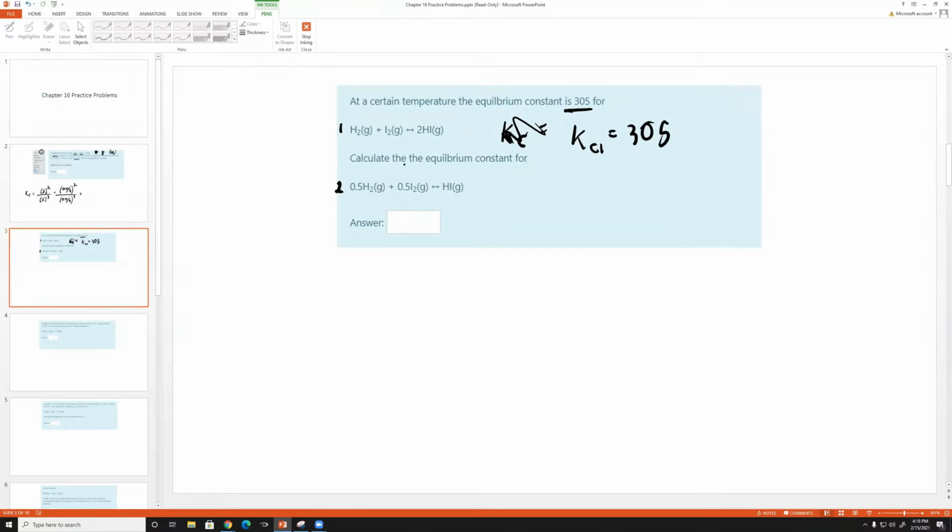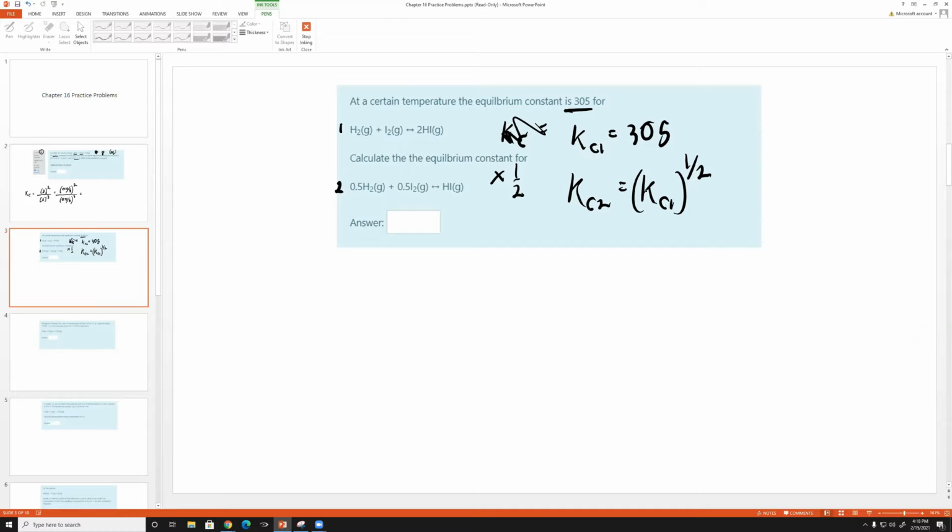Now, if you multiply a reaction by a constant, in this case 1/2, the corresponding equilibrium constant needs to be put to that power. So our Kc2 would be Kc1 to the 1/2. It wouldn't be multiplying it by 2 like we see in Hess's law.